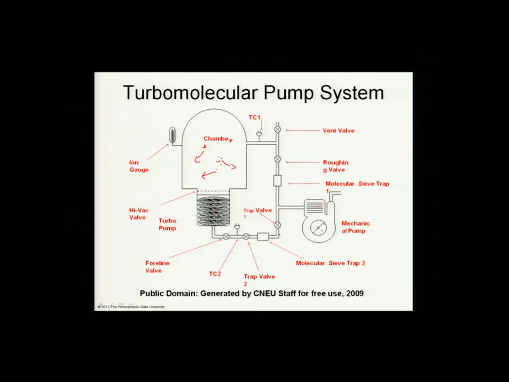And you see, of course, all the valving necessary, as in any processing application of vacuum. And this is a simple application because we haven't shown the distinct possibility that there's processing gases coming in. We haven't shown the distinct possibility there's some kind of a load lock here to load the samples in. But this just gives you an idea of a basic turbomolecular pumping system configuration. Lots of gauges.